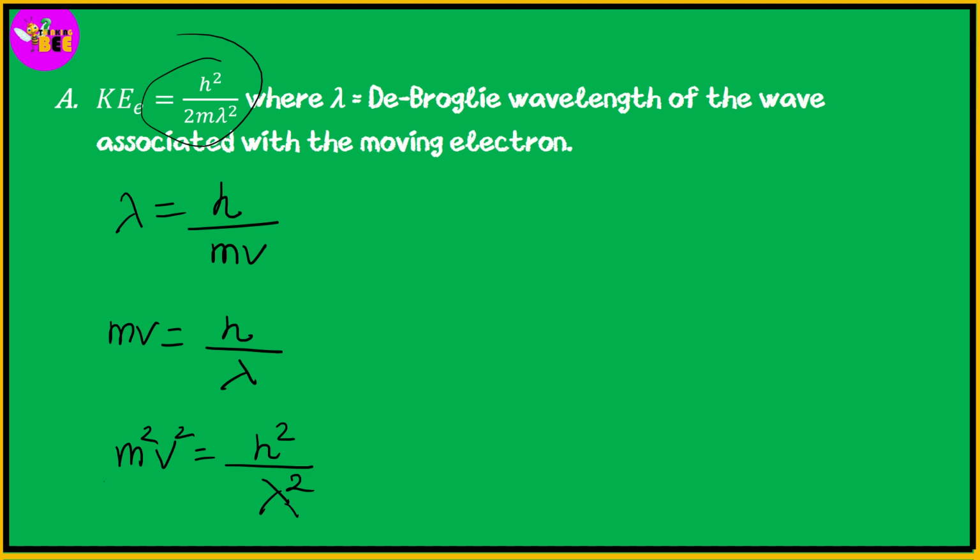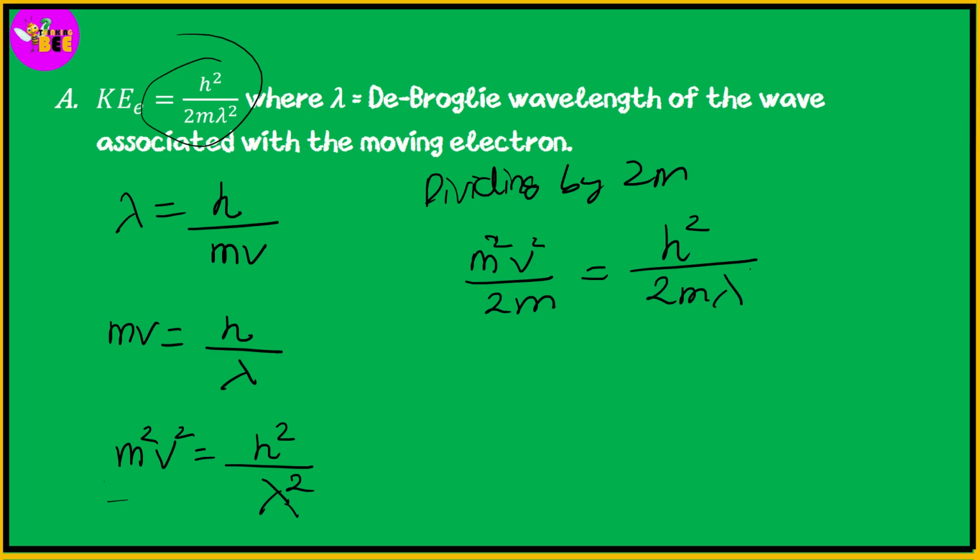So, to get that, we must divide both sides by 2m. Dividing by 2m, we get m square v square by 2m is equal to h square by 2m lambda square. Now, m square and m will cancel, we get half mv square, that is basically kinetic energy, is equal to h square by 2m lambda square, which is basically what is given in option A. Therefore, option A is also correct.